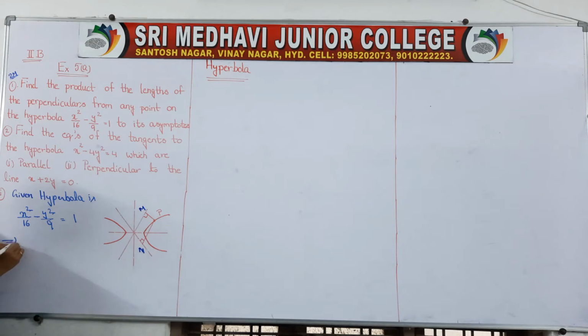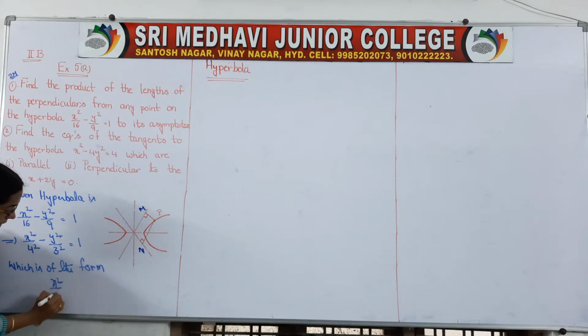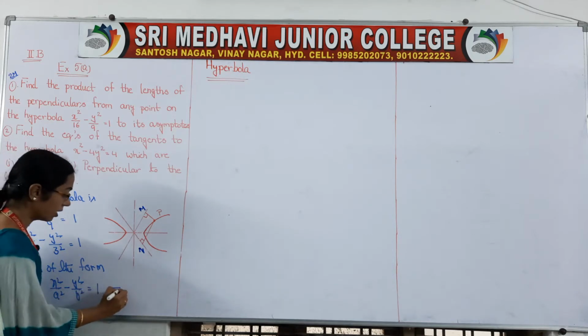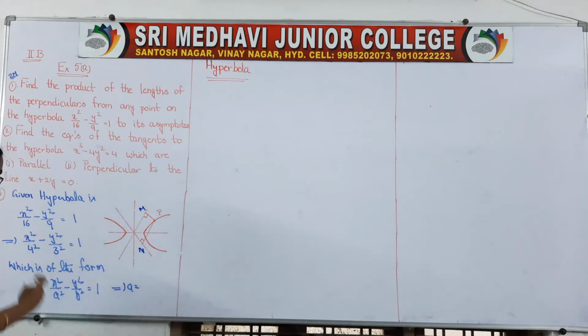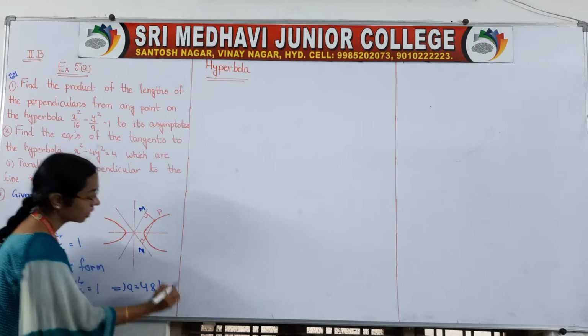So we can write this as x square by 4 square minus y square by 3 square is equal to 1, which is of the form x square by a square minus y square by b square is equal to 1, implies a is equal to 4 and b is equal to 3.